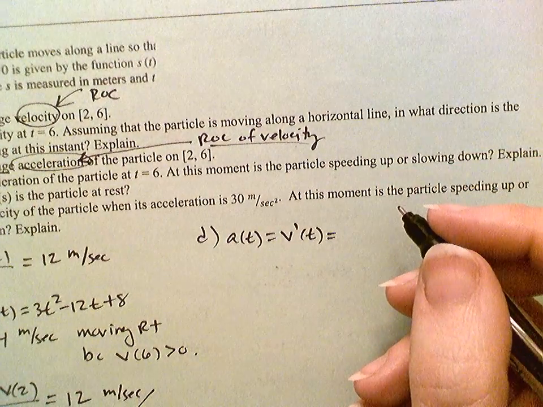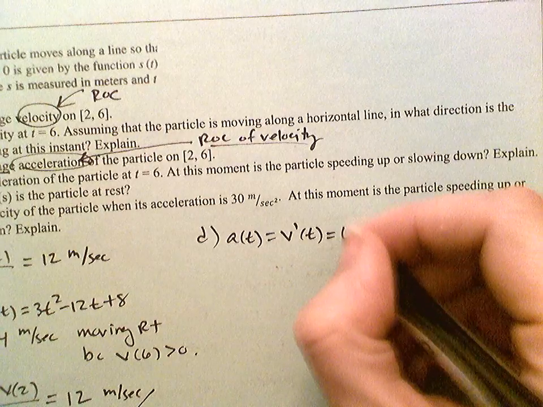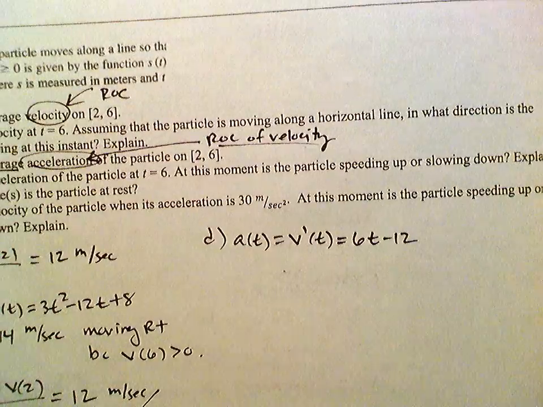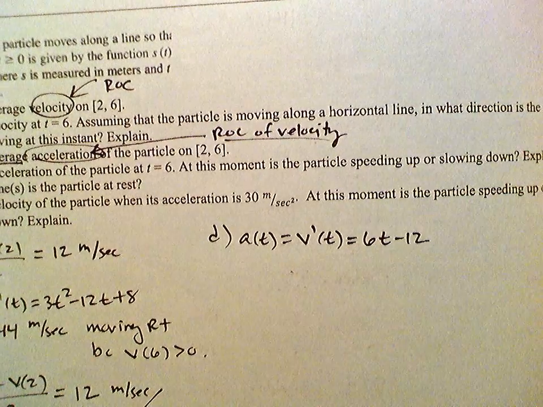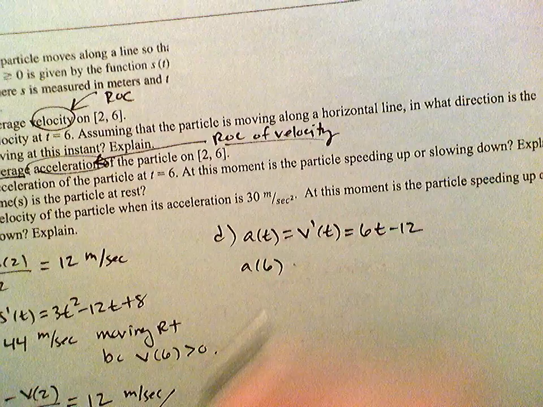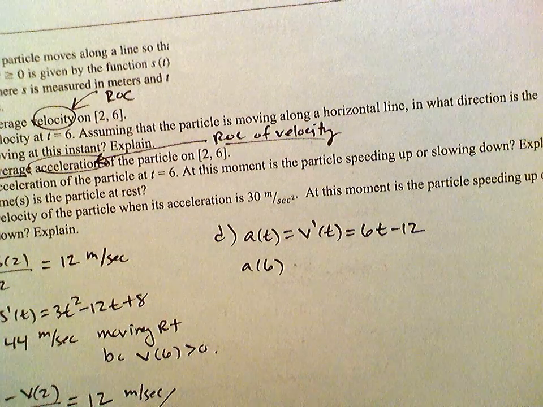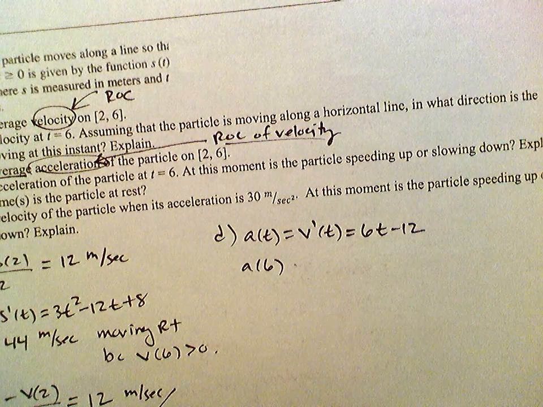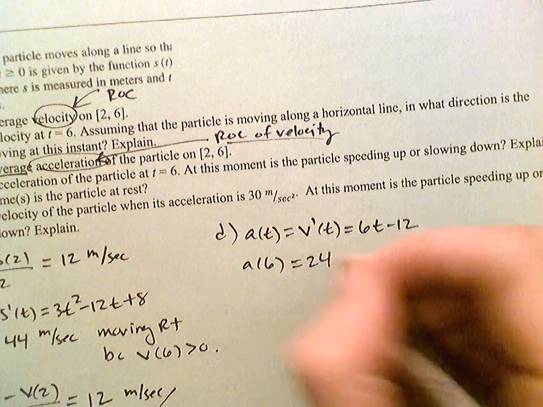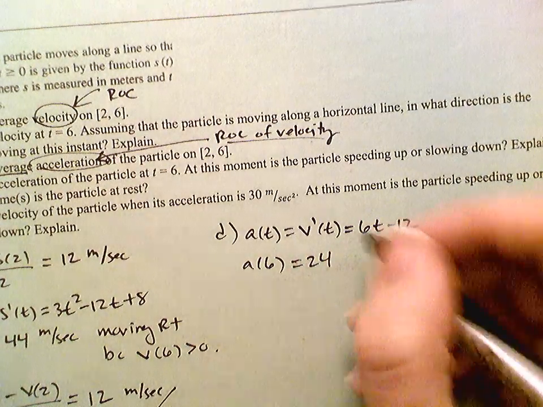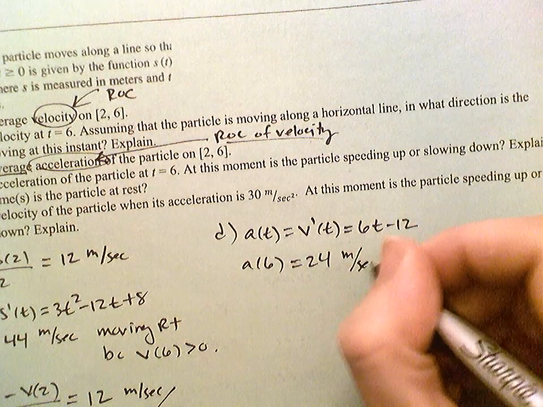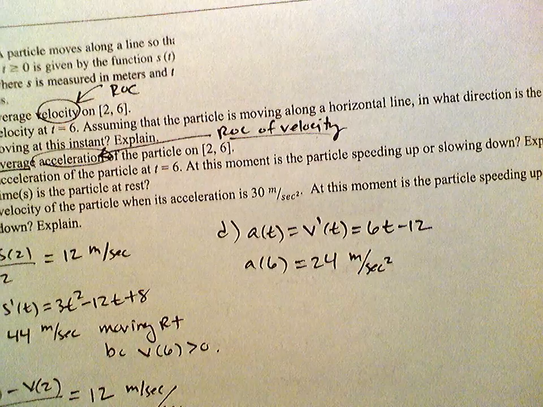Okay, so I get that the acceleration function is 6t minus 12. All right, and so they're asking for the acceleration at 6, and it is 24, and then it's meters per second, so it's meters per second squared.